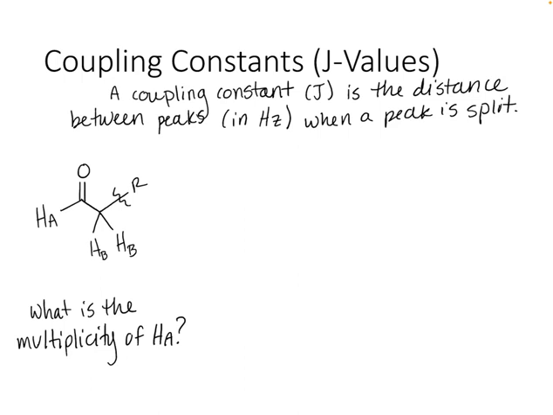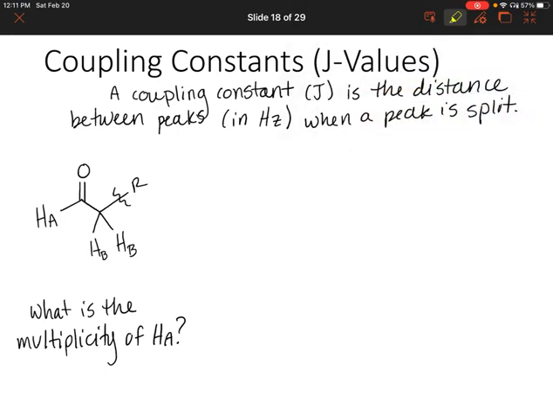Do we expect it to be a singlet, a doublet, a triplet, a quartet? So let's see how many neighboring protons HA has. If we go 1, 2, 3 bonds away, we have HB. And there are 2 HB protons. So using our n+1 rule, we would get a triplet.